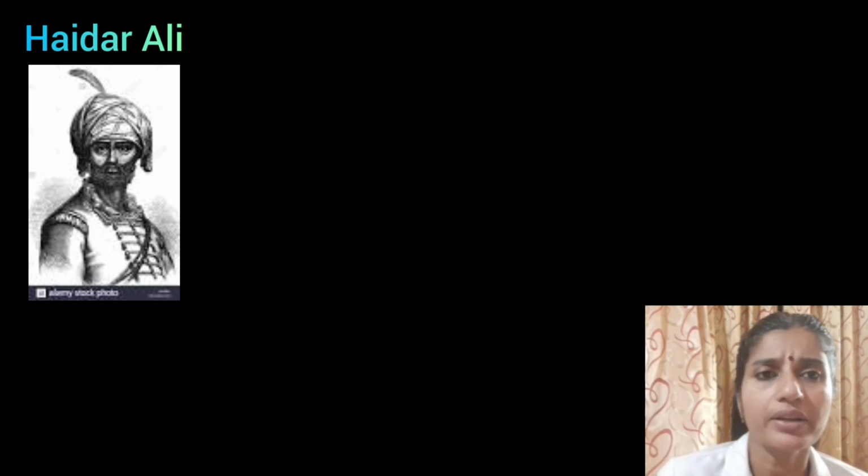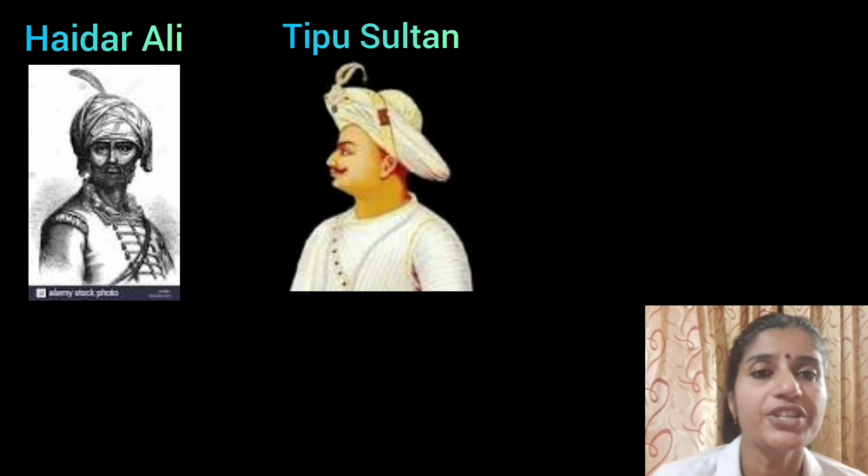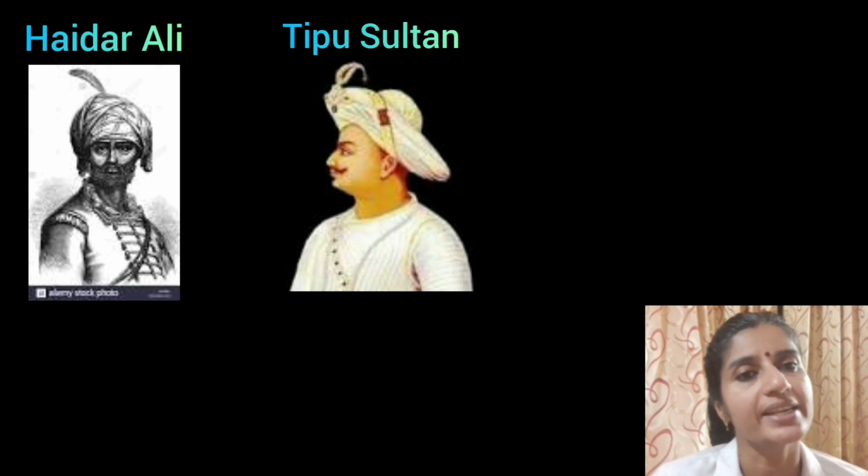Let's see. Mysore kingdom was established by Hyder Ali, father of Tipu Sultan. Hyder Ali ruled from 1761 to 1782. And after that, Tipu Sultan came to power. He ruled from 1782 to 1799.